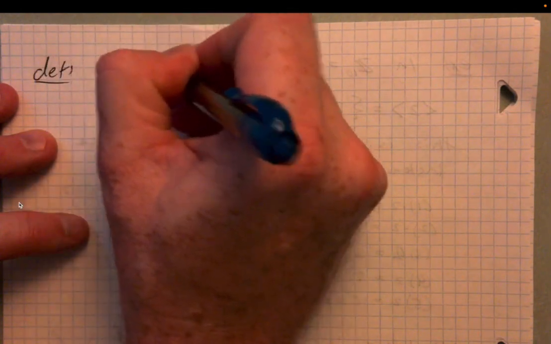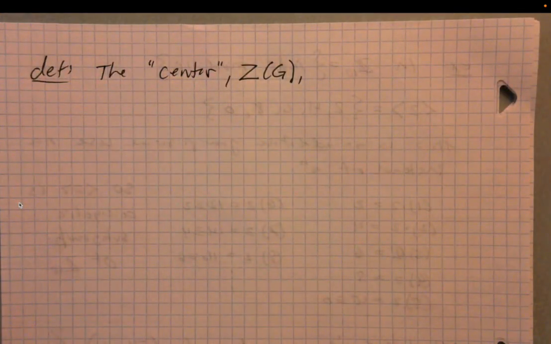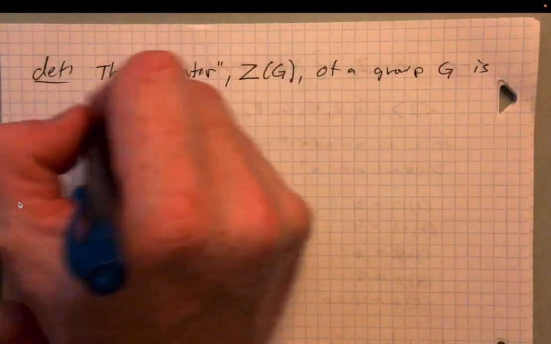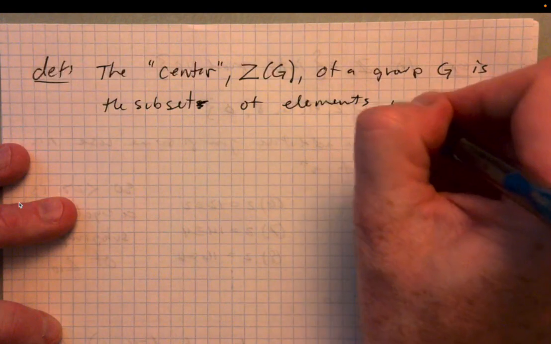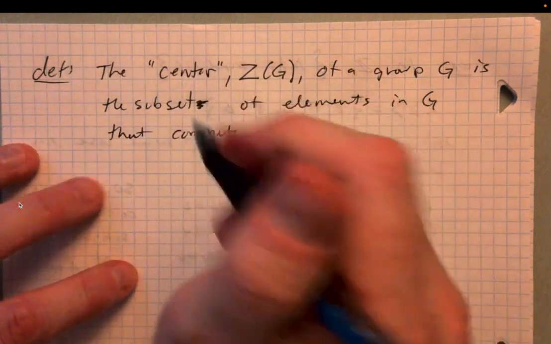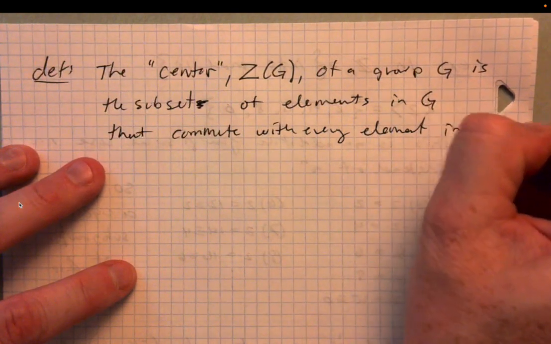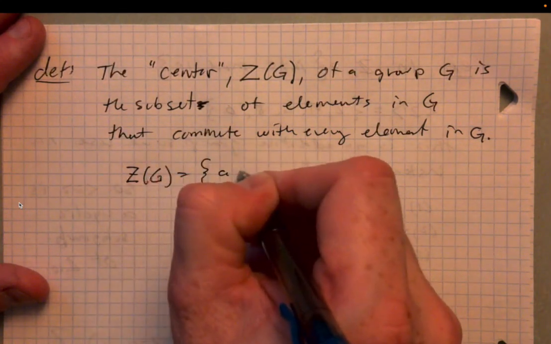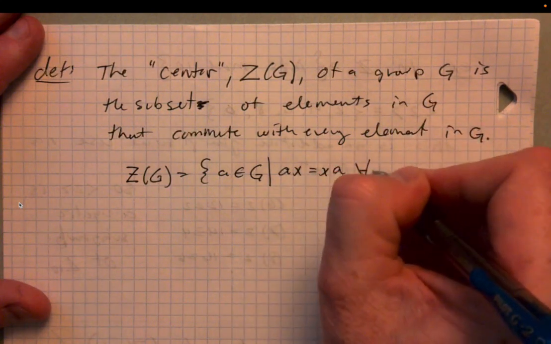The center, denoted Z(G), of a group G is the subset of elements in G that commute with every element in G. Okay, and so we could state it more concisely as Z(G) is equal to all of the a in G, all of the elements in G, such that a times x is equal to x times a, for all x in G.